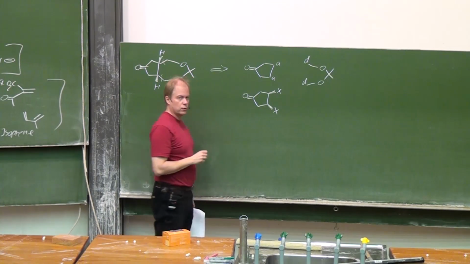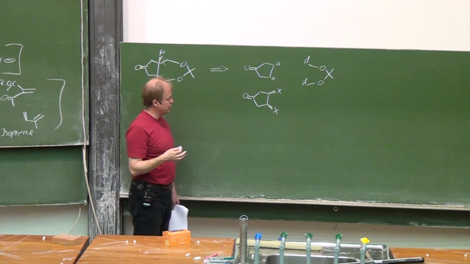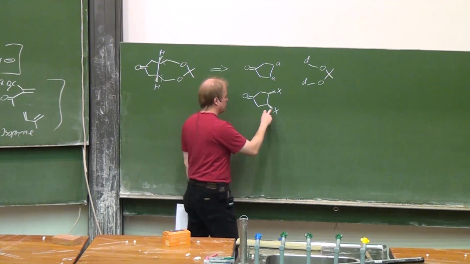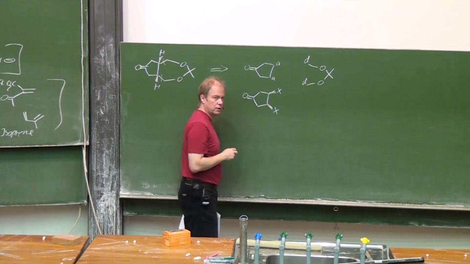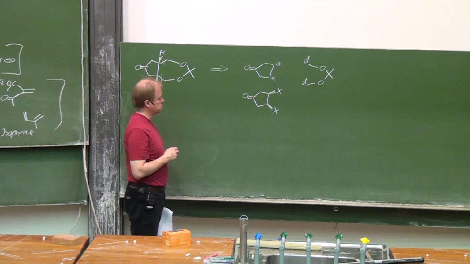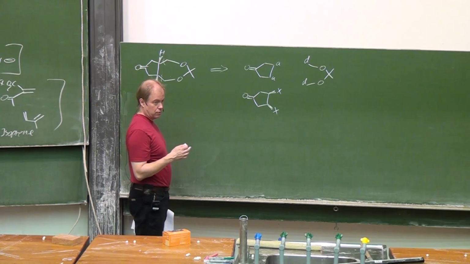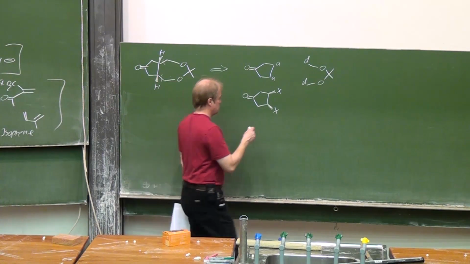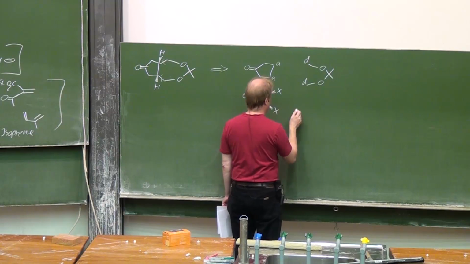And hoping for an SN2 type reaction, then those two leaving groups should be on the same side of the ring. Well, okay. And there was also already an idea how you get those on the same side of the ring.